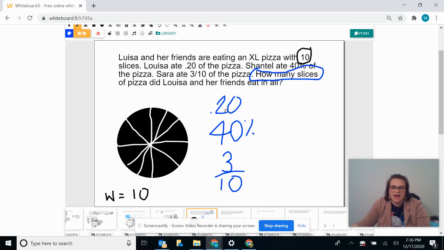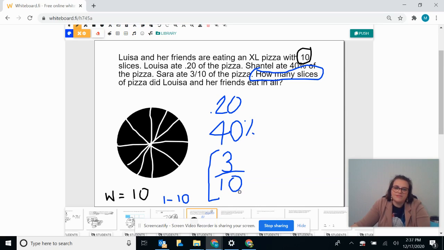Right when I read that, I know that my answer is going to be somewhere between 1 and 10, okay? Because it's asking me about how many slices, and there are only 10 slices in all, so it can't be bigger than 10. I'm going to go ahead and look at Sarah's amount, okay?